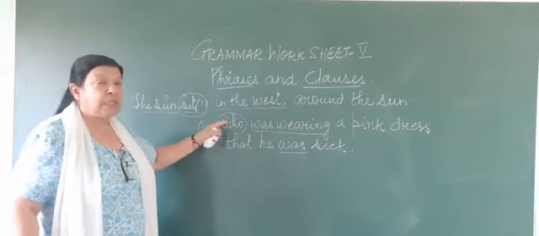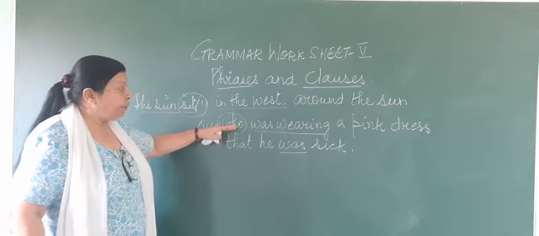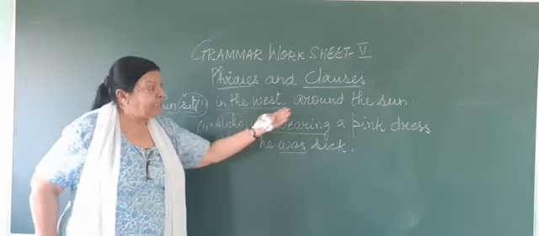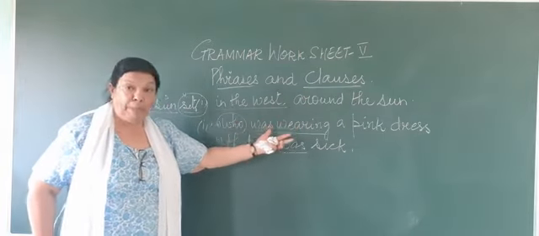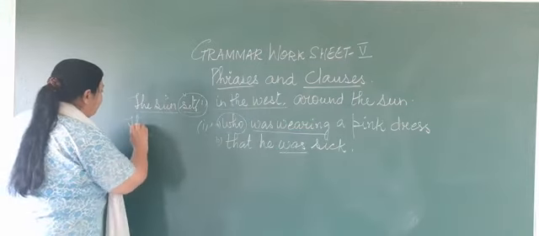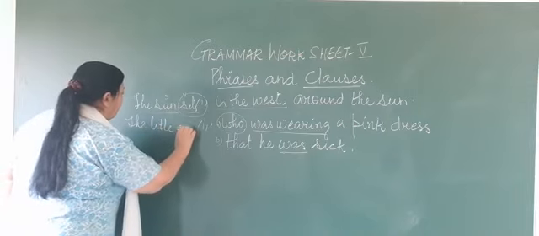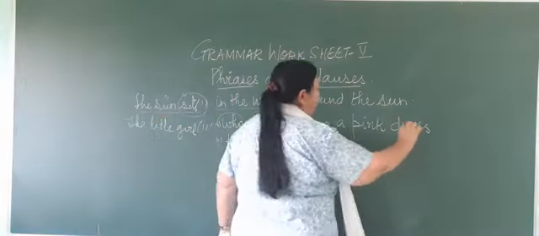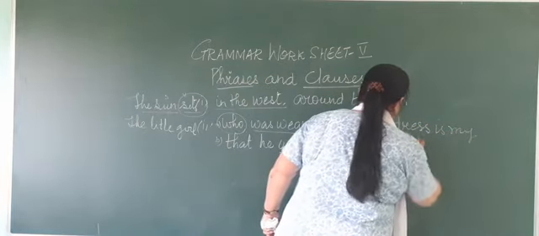Now, who this person is, I do not know. But I know that someone was wearing a pink dress. Now, since it's a dress, we know it has to be either a girl or a woman. So I can say, the little girl who was wearing a pink dress is my daughter.